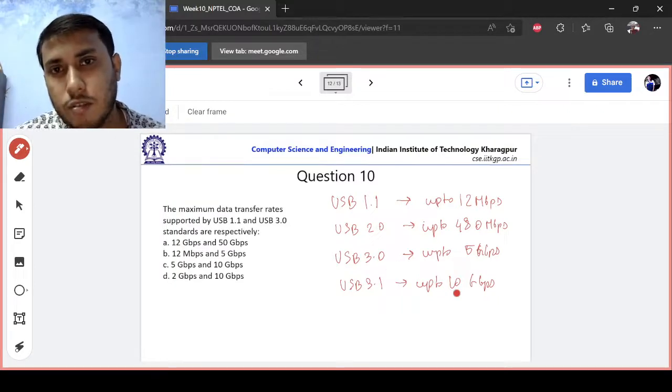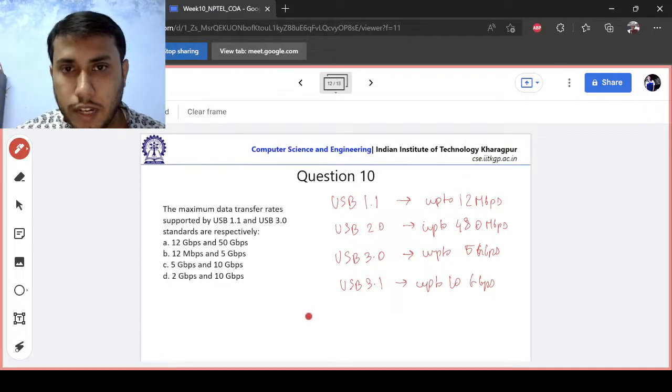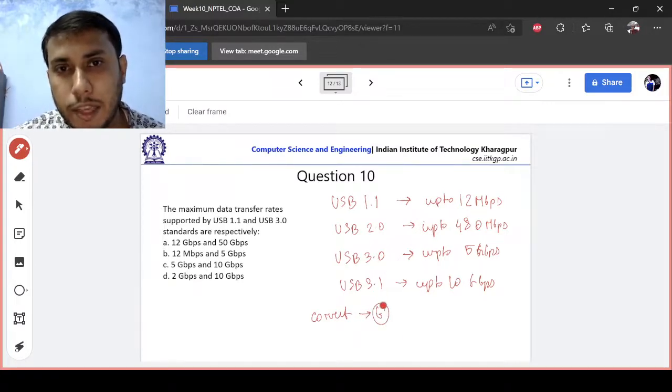Right, so these are the values. This was given in the slides, I guess. So the correct answer is option B, 12 Mbps and 5 Gbps respectively. 12 and 5.